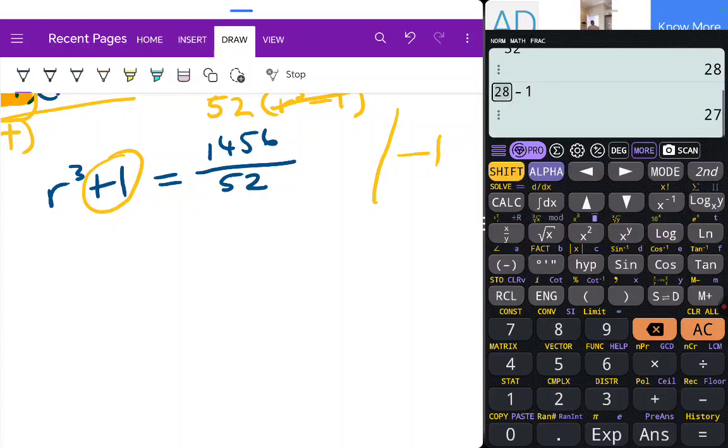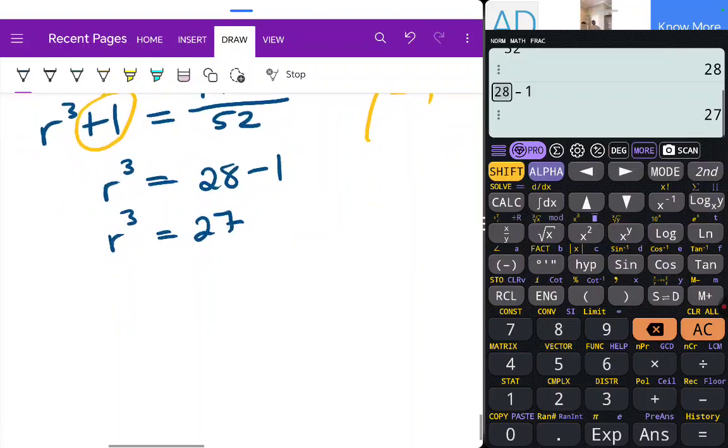So here we are. R cubed is equal to 27, or let's say 28 minus 1. R cubed is equal to 27. And then we're going to do a cube root on both sides. And we are going to get R is equal to 3.